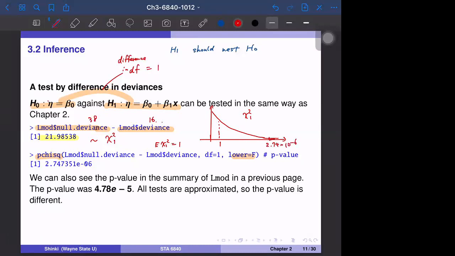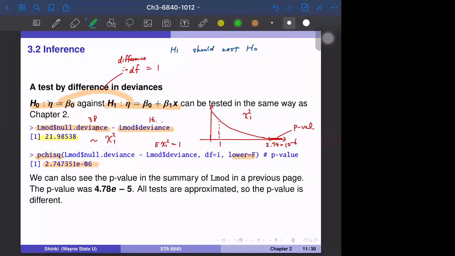It's very small, so we reject the null hypothesis.